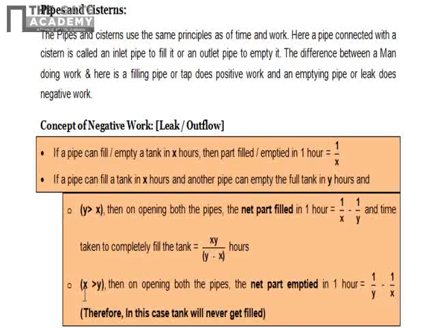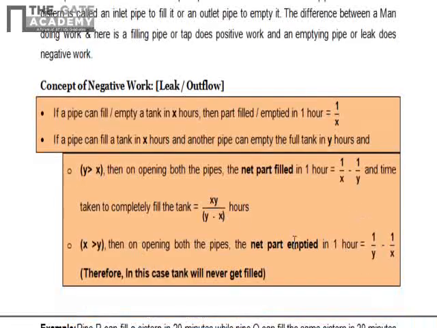But suppose the filling rate is less, that means the time taken is greater than the emptying one, then the tank will never be full. So you just have to find when the tank will get emptied. In 1 hour it will get emptied by 1 by Y minus 1 by X.